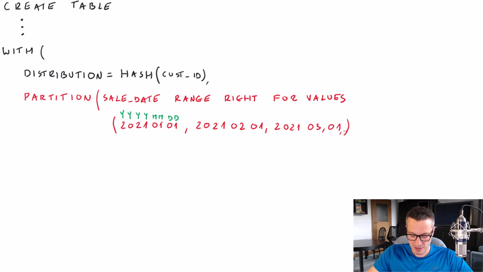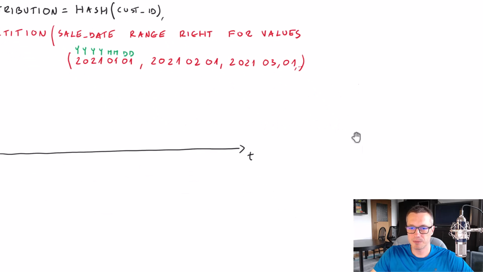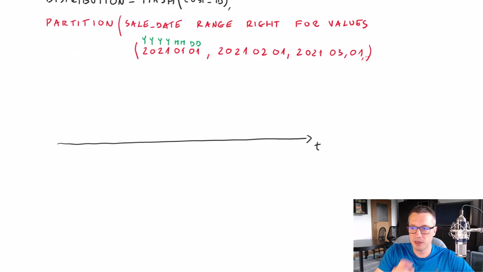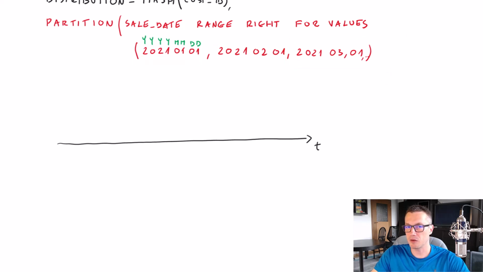All right, but actually, how does it look on a diagram? How does it split our data? So let's assume that this is our timeline. And let's mark those points on our timeline, on our data. So we've got 3 points.